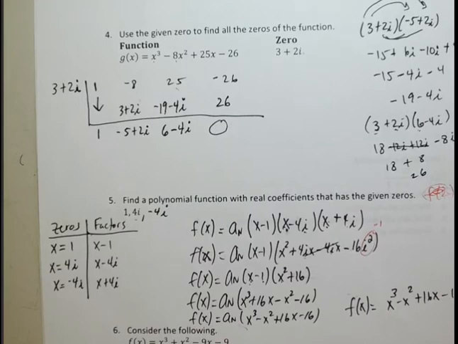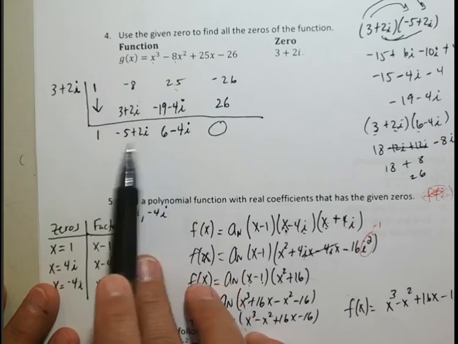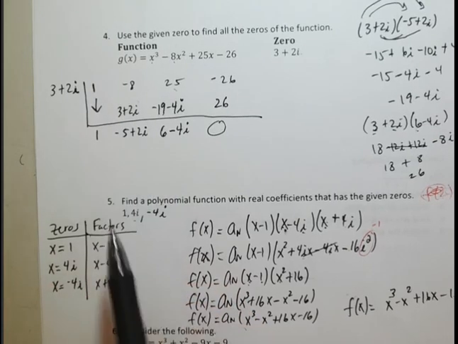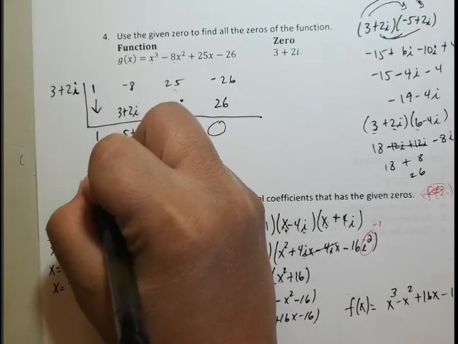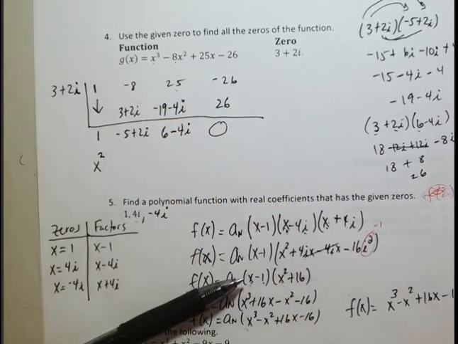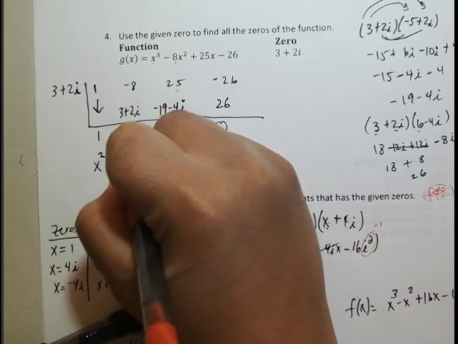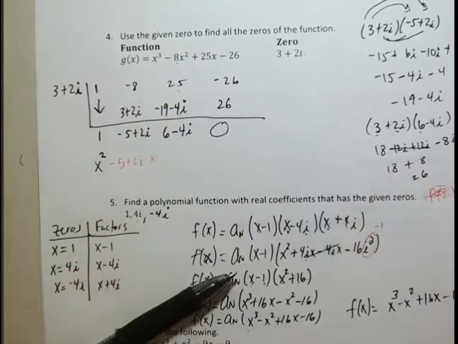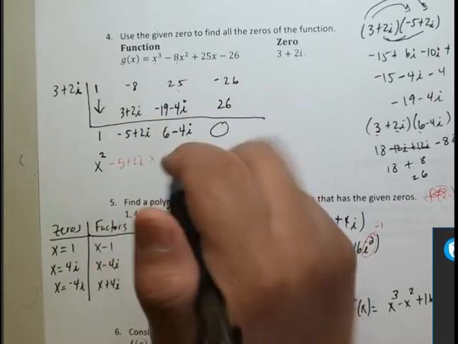So then the next step is we're trying to find the zeros. So this right here is a polynomial, right? So the quotient is going to be x squared, and then I'm going to write this here, x, and this is going to be your constant.